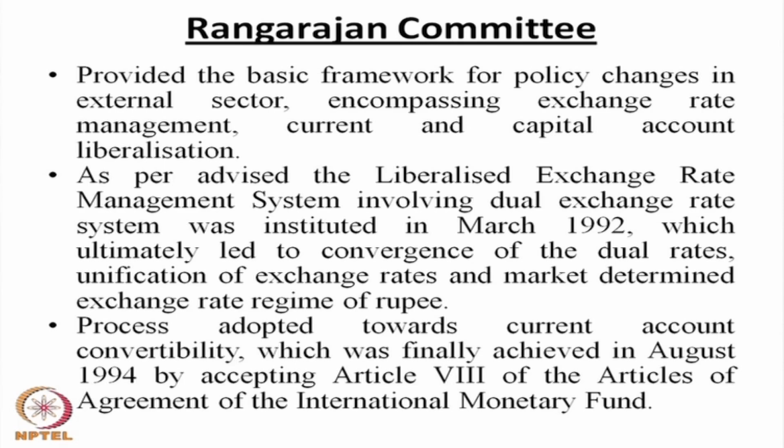The dual exchange rate system continued for some time, which ultimately led to the convergence of the dual rate to a unified rate, or a market determined exchange rate regime. The dual exchange rate was primarily for exporters and importers.